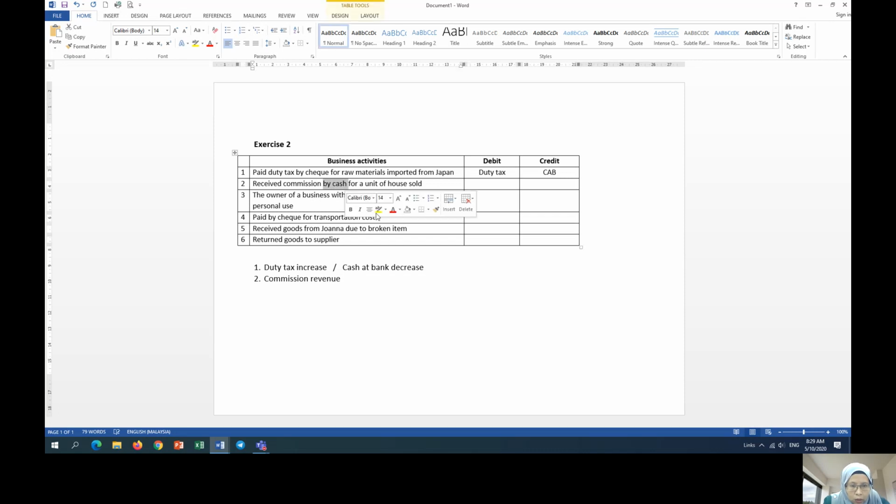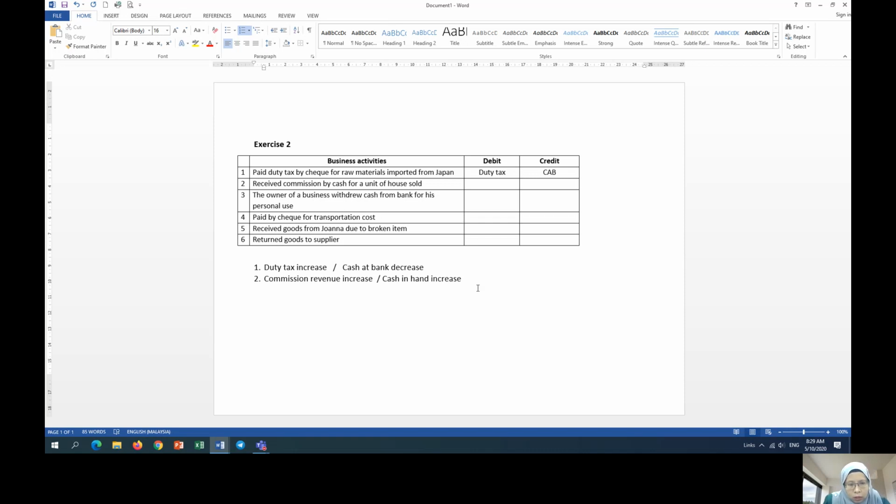Pendapatan diterima secara tunai. Jadi akaun yang kedua adalah cash in hand ke cash at bank. The word cash means cash in hand. So when you receive an income, which is also your revenue, your revenue increase. The income comes in form of cash, duit awak bertambah, so cash in hand increase.